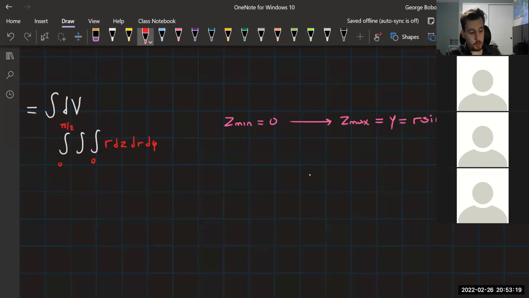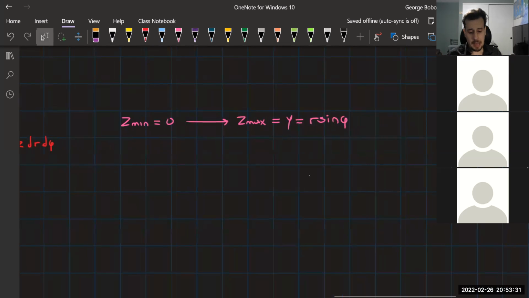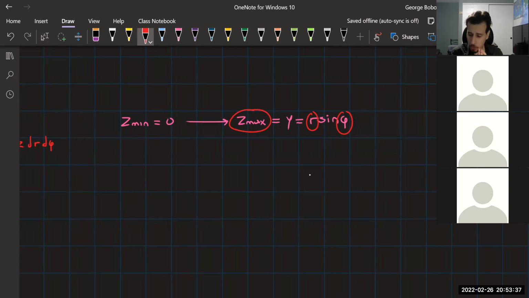We're going from 0 right now to r sine phi. That is the reason. You see how careful I am to not screw this up. I saw that it contains an r and a phi, so this needs to be the very inner one in the triple integral that goes first, so that it leads us to r and phi only in the integrand, and then we can continue and do the dr and the d phi.